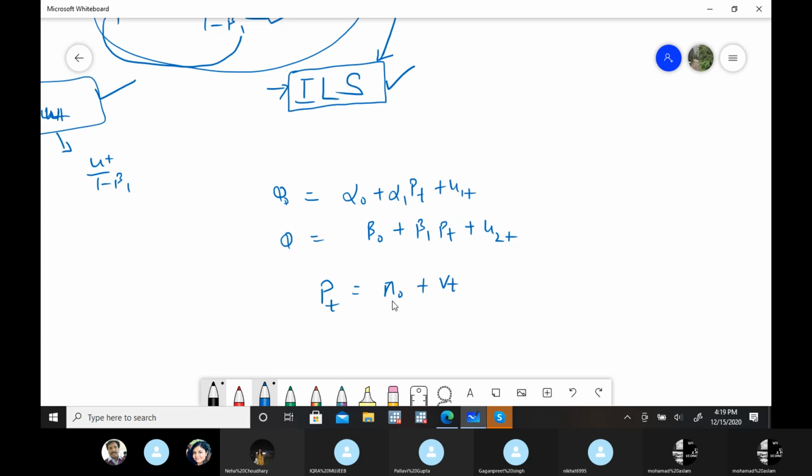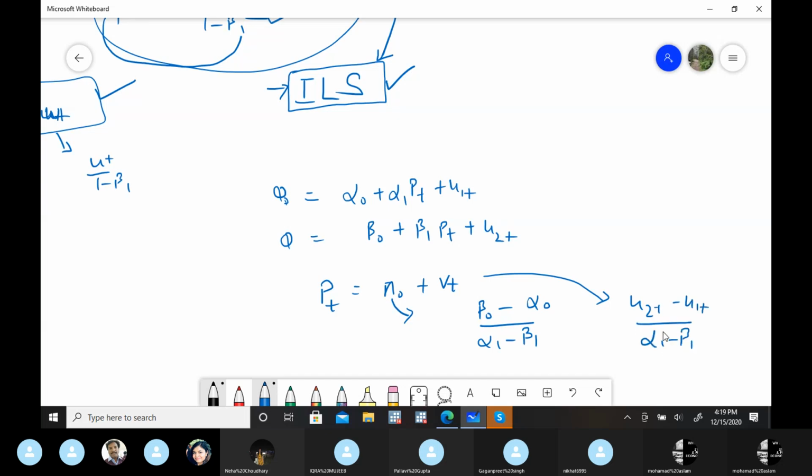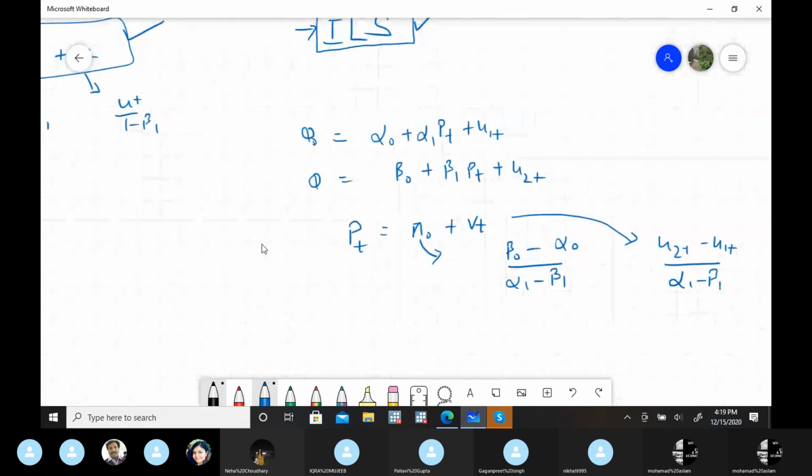Now, what will be the value for this coefficient? Beta 0 minus alpha 0 by alpha 1 minus beta 1, and this Vt is equal to the error term divided by alpha 1 minus beta 1. Another way of writing the reduced form of equation is in the form of quantity.